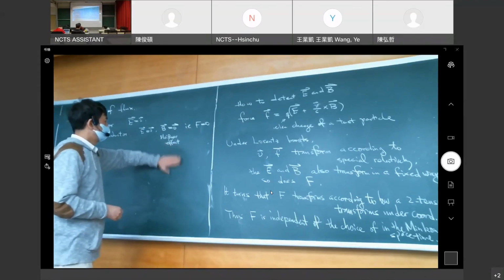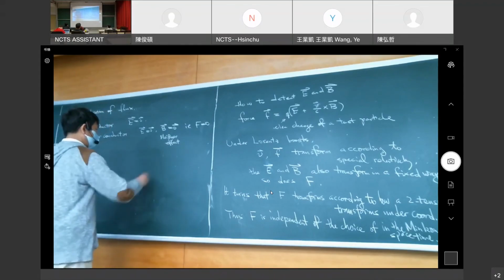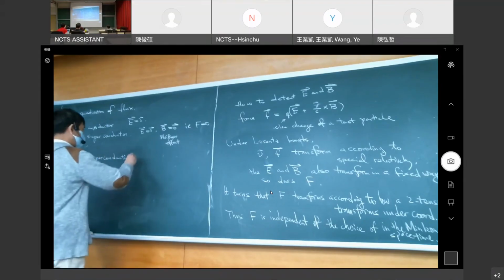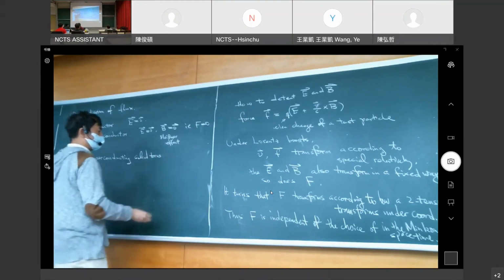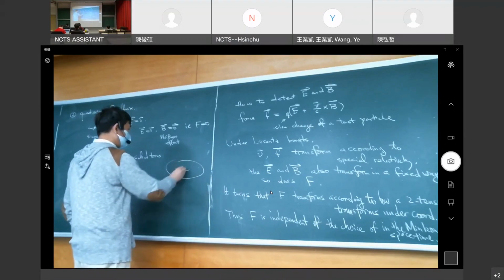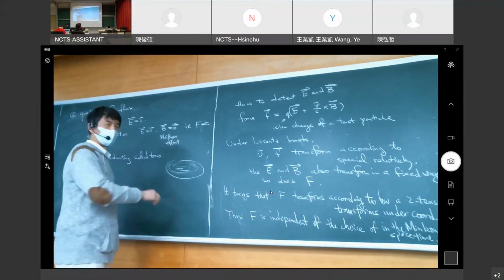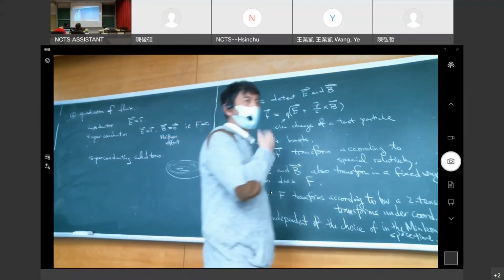Then we look at a superconducting solid torus. Suppose our temperature is sufficiently low, then this is a solid torus inside superconducting materials.